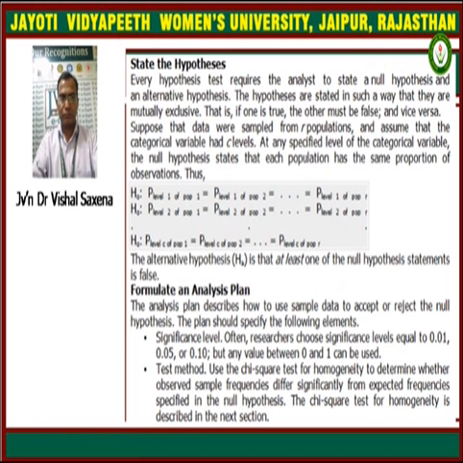Now, in this chi-square test of homogeneity, how can we apply the process? First of all we have to state the hypotheses, that is, the null hypothesis and the alternative hypothesis. Every hypothesis test requires the analyst to state a null hypothesis and an alternative hypothesis, and the hypotheses are stated in such a way that they are mutually exclusive.